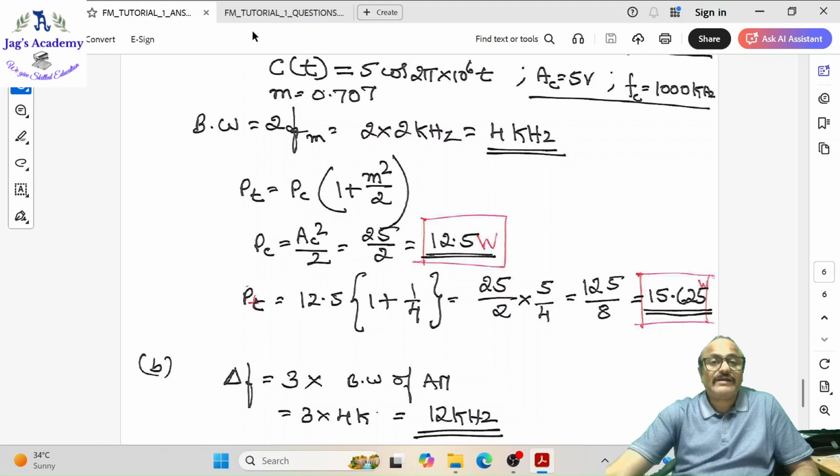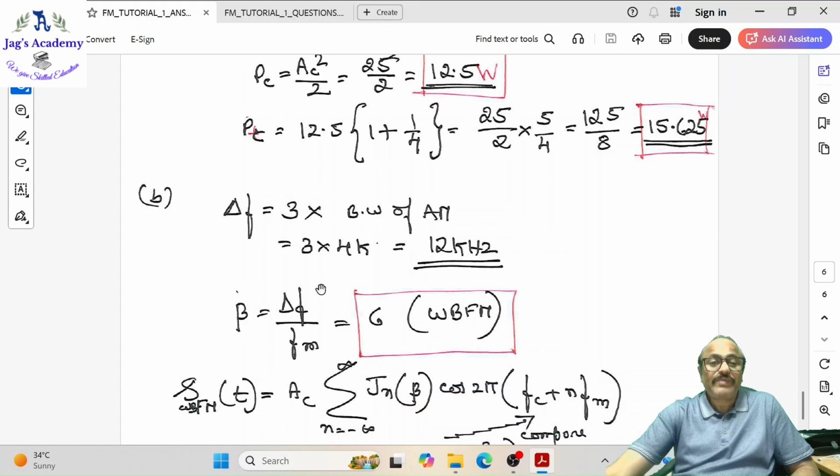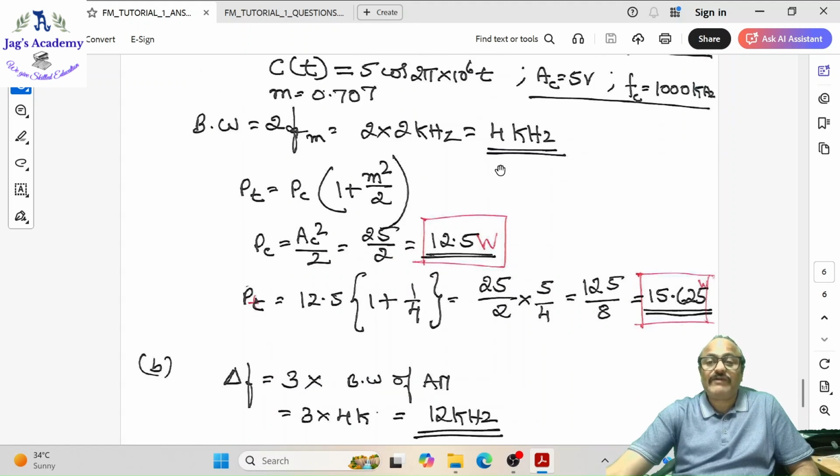Now the second part says the same c of t and m of t are used to generate an FM wave. But you need the maximum frequency deviation. The maximum frequency deviation is 3 times the bandwidth of AM. The bandwidth of AM you got here. So delta f is 3 times the bandwidth of the AM wave. The bandwidth of the AM wave is 4 kilohertz.